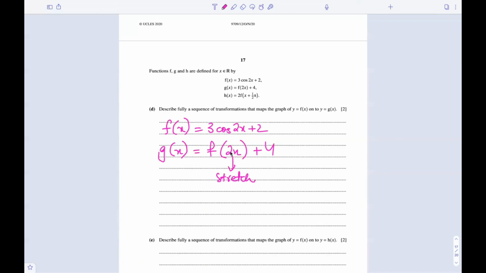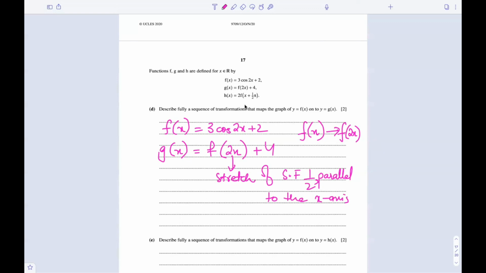So let's say if we have a function f of x and it is transformed to f of 2x, it means it is a stretch with scale factor half parallel to the x-axis. And this plus 4 represents a simple translation in the y direction.